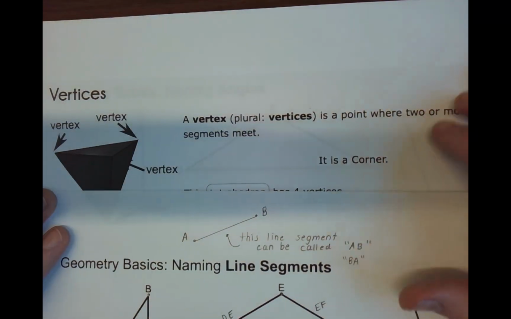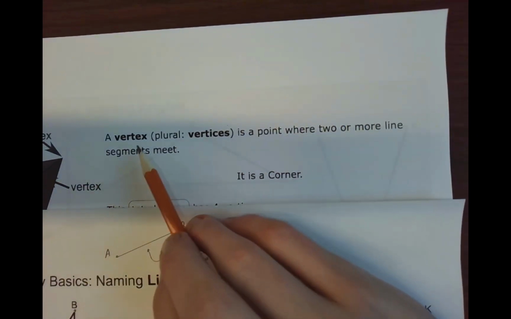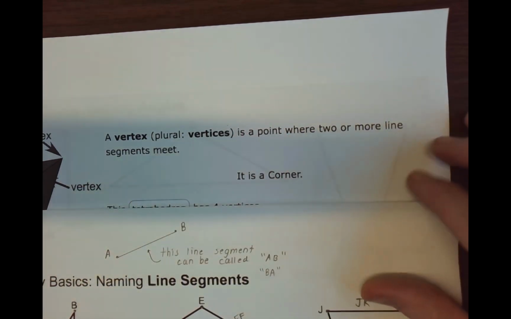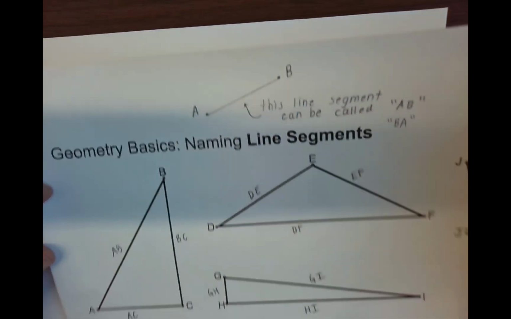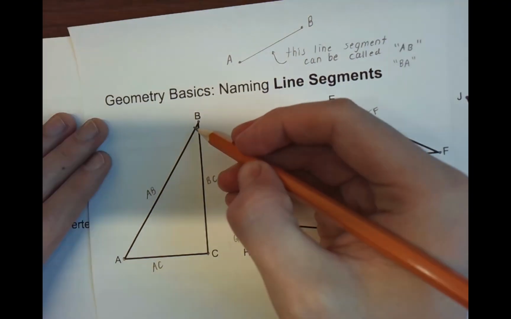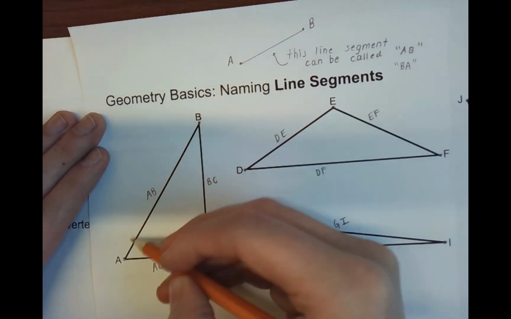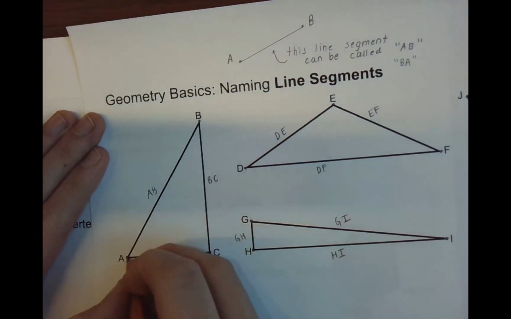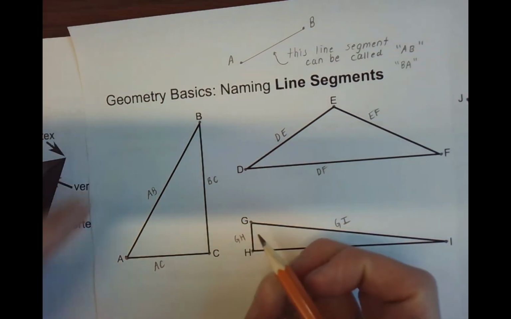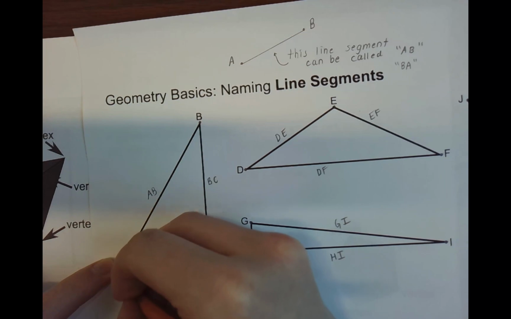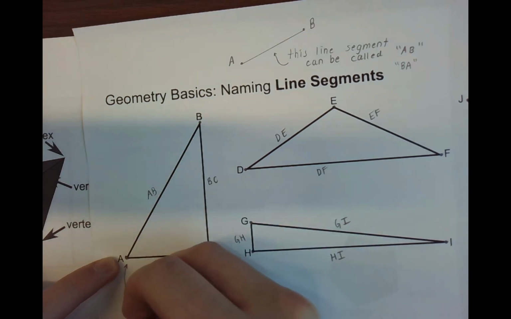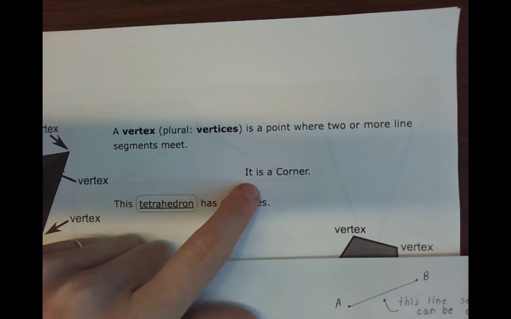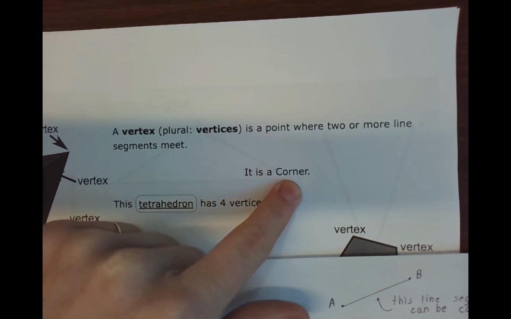Another thing is a vertex, plural vertices, which is a point where two or more line segments meet. For example, see how there's a line segment AB and a line segment AC meeting at this point? That means point A is a vertex of the triangle. Vertices are basically corners.